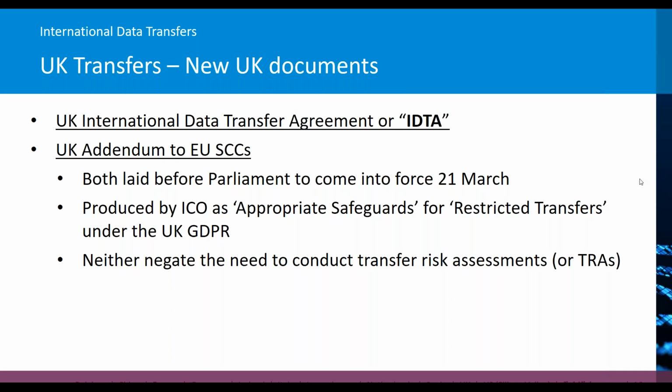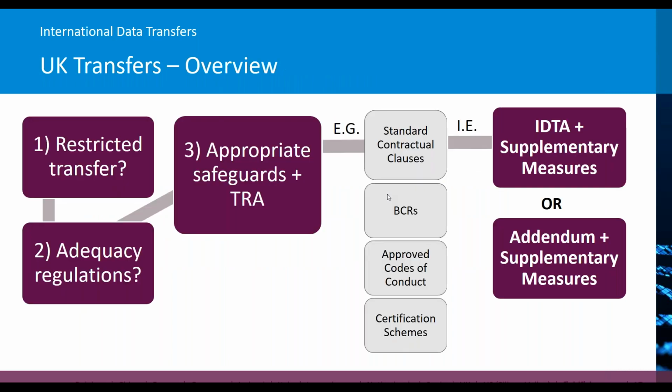Just before I go on to look at the documents in more detail, Renzo, could you take me to the next slide, please? I thought it might be worthwhile taking a step back to see where the documents fit in the UK data transfer picture. When you're considering UK data transfers, you'll need to ask yourself first, is this a restricted transfer?